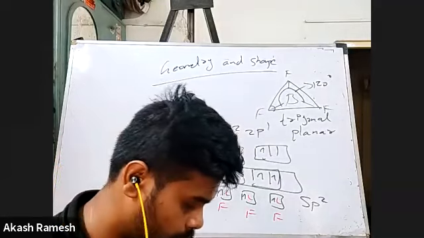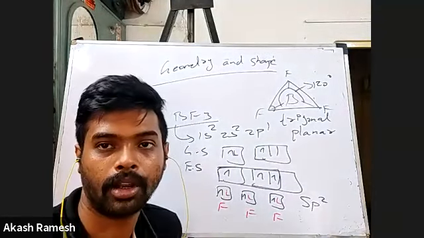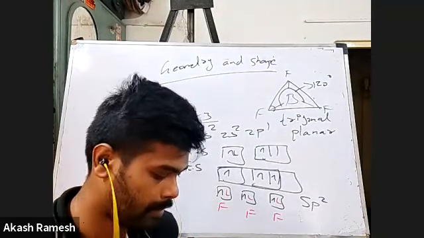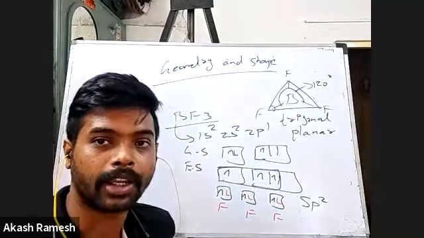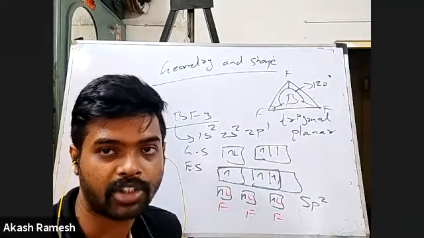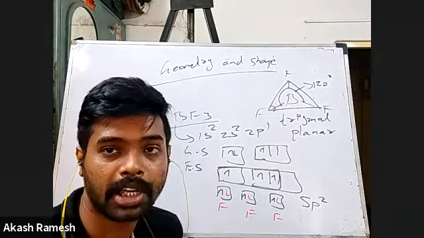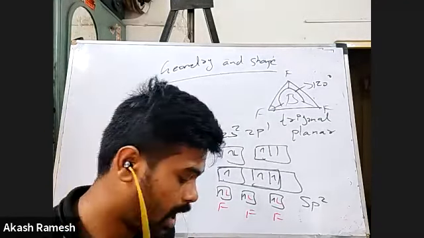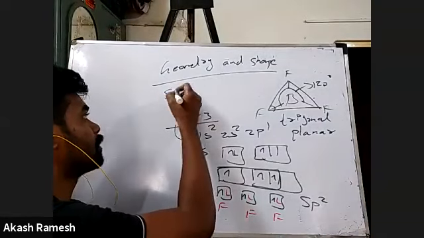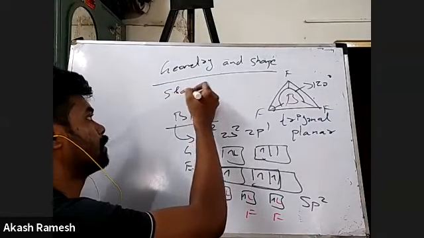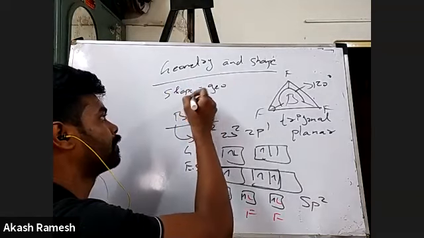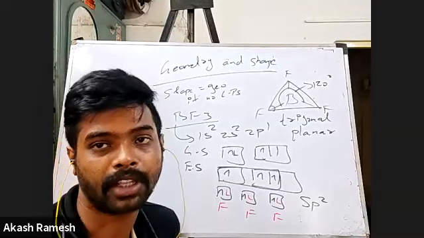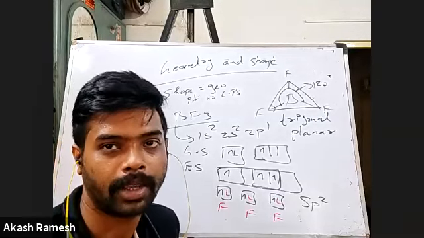There is something called the geometry of a molecule, and there is something called the shape of the molecule. Till now, you didn't see any lone pair coming, so there is no segregation between shape and geometry. Shape and geometry are the same if there are no lone pairs on the central atom. That you can make sure.